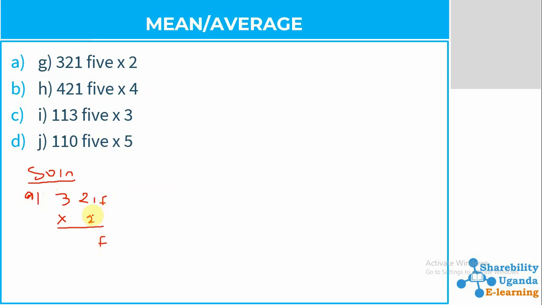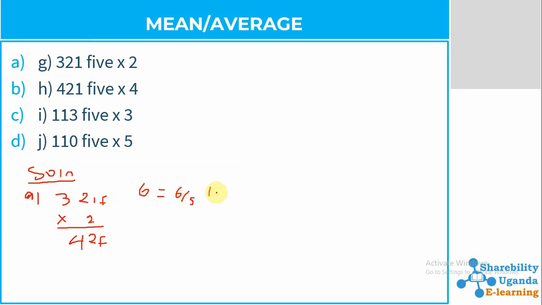So we say 2 times 1 is 2, then 2 times 2, we get 4. Then 2 times 3, we get 6. When we get 6, because 6 is greater than our base, which is 5, we say 6 divided by 5.